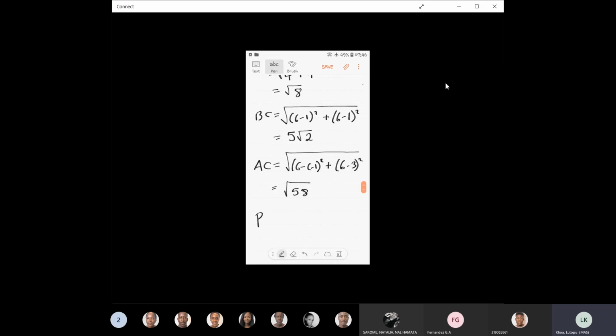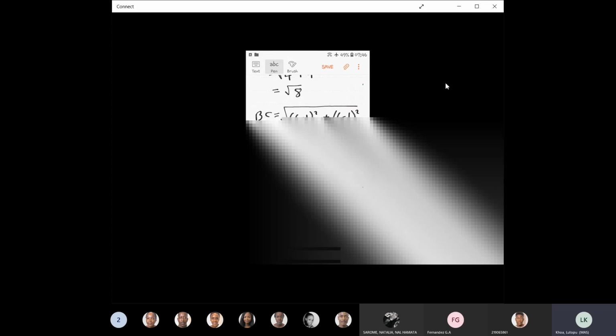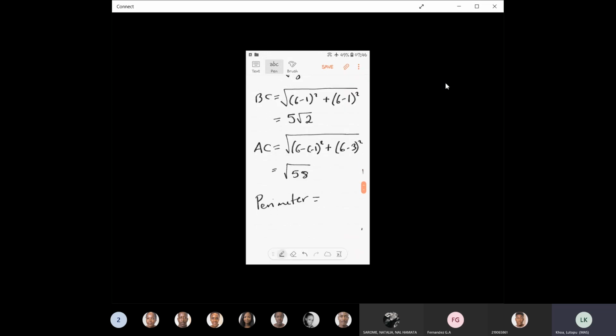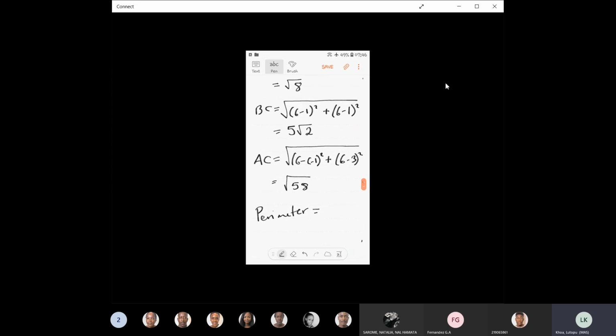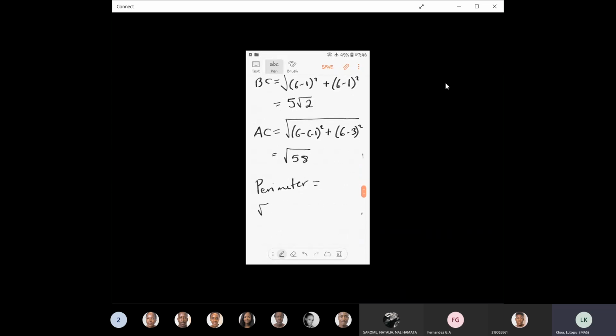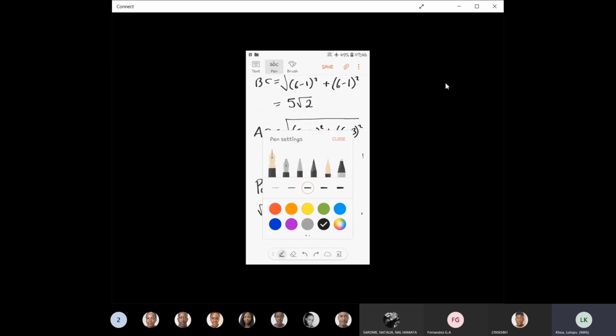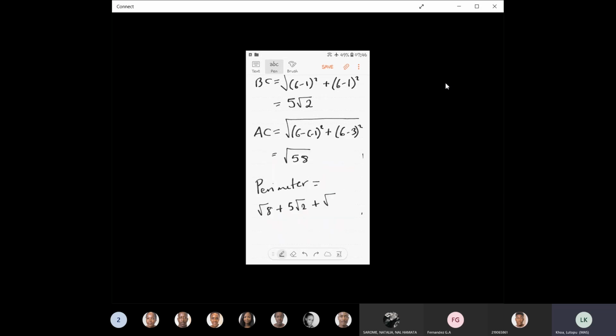So my perimeter is the square root of 8 plus 5 square root of 2 plus the square root of 58.